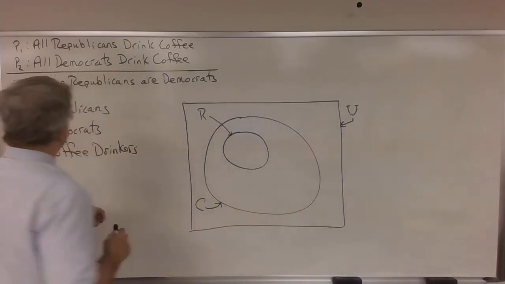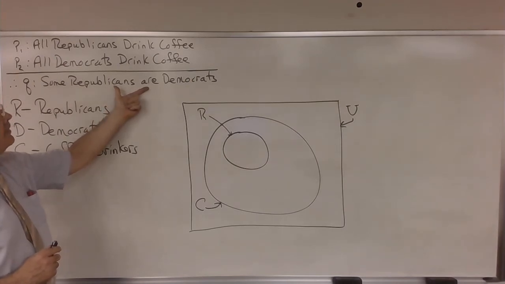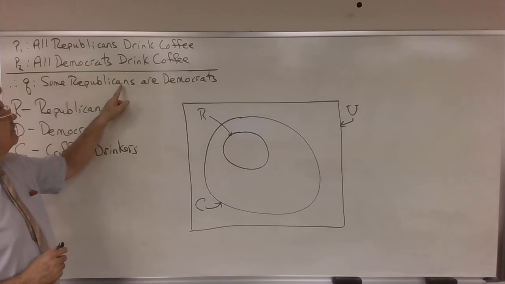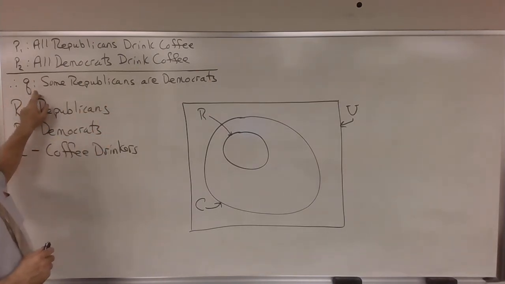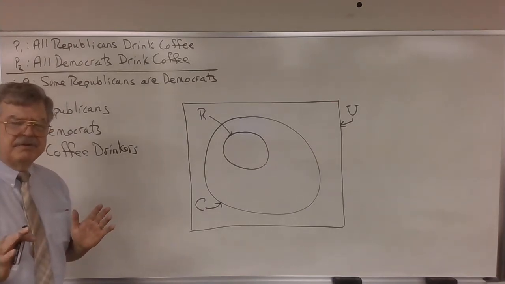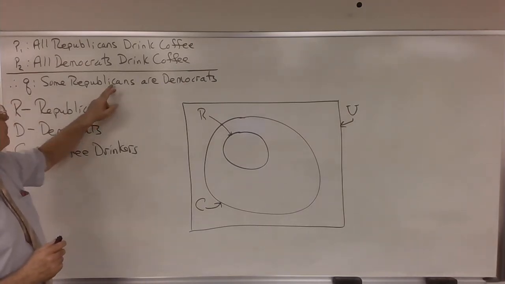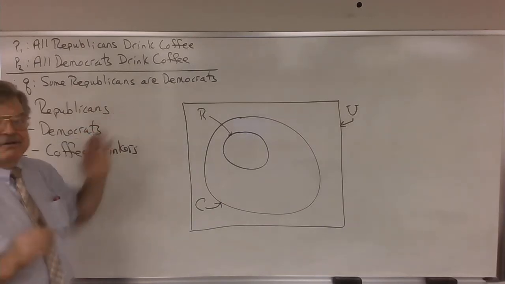Well, if the conclusion is true, some Republicans are Democrats, that means that the Republican circle and the Democrat circle have to overlap, because there's got to be at least one Republican that's a Democrat if the conclusion is true. But we don't want the conclusion to be true, do we? We want it to be false, which means that we have to draw the Republican circle and the Democrat circle to be disjoint.